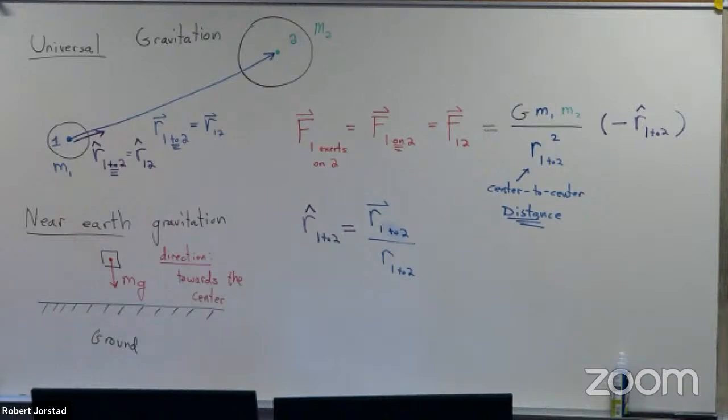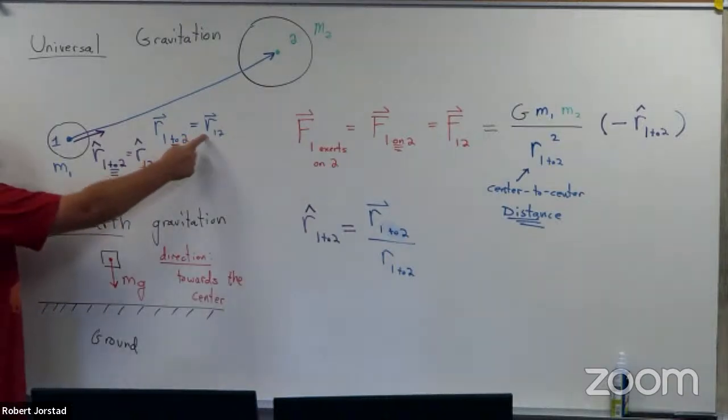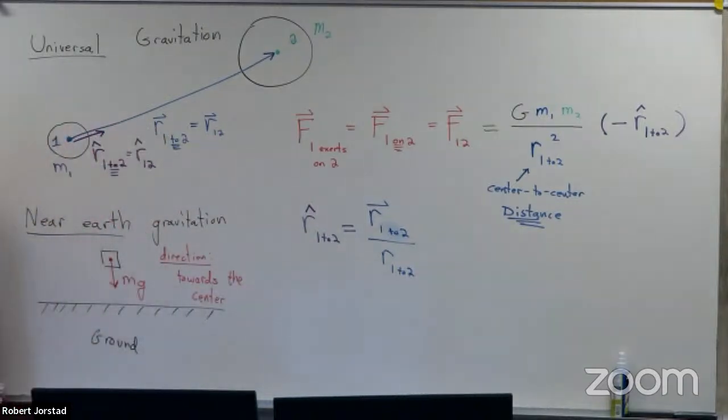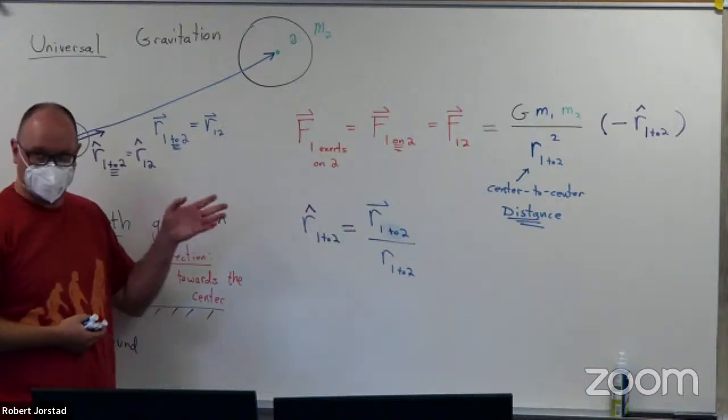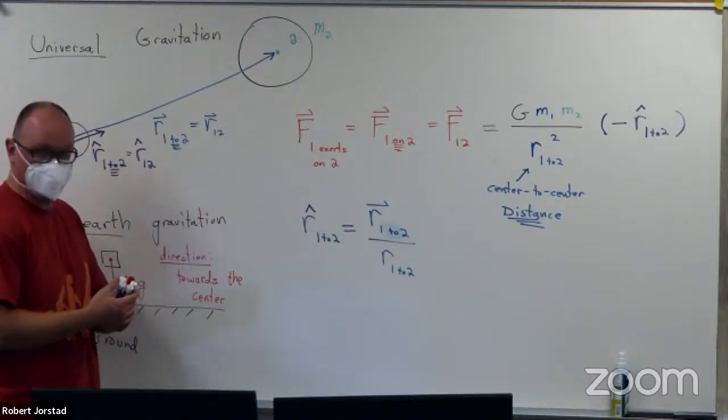So the definition of a hat vector is the full vector divided by the magnitude. Notice when we plug that in, it looks like an inverse cube law, but it's not. It's just easier to code.